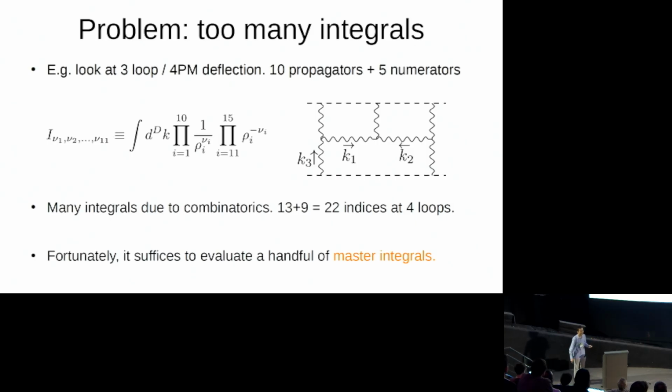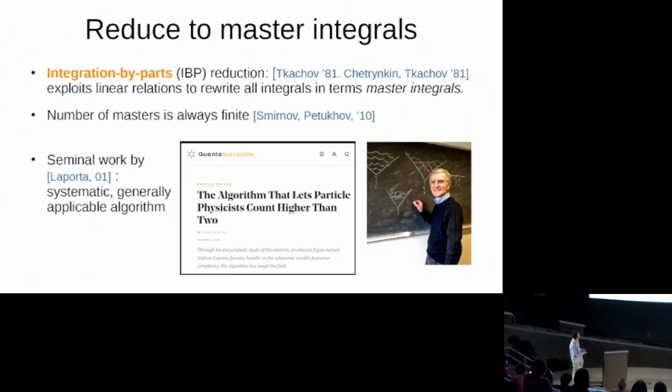And we don't want to evaluate millions of integrals analytically one by one. But fortunately, it suffices to evaluate just a handful of master integrals due to the technique of integration by parts, which was formulated in the early 80s and systematized by the seminal work of Stefano Laporta. That was in his work to calculate the electron g-2 to very high orders, and it was covered by Quanta magazine a few years ago.